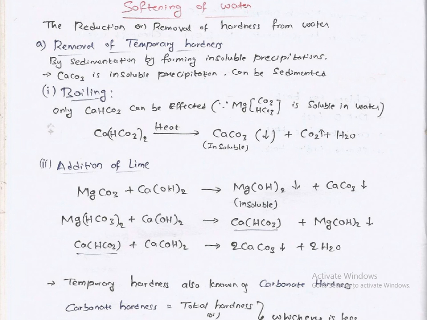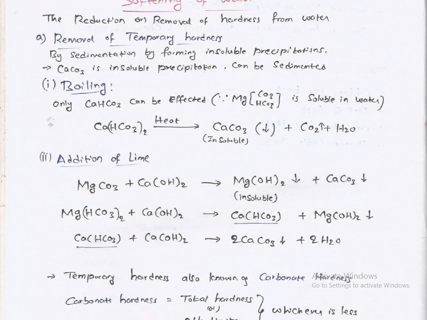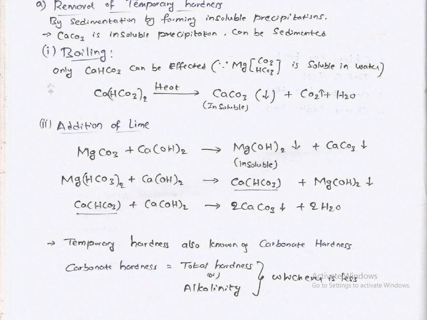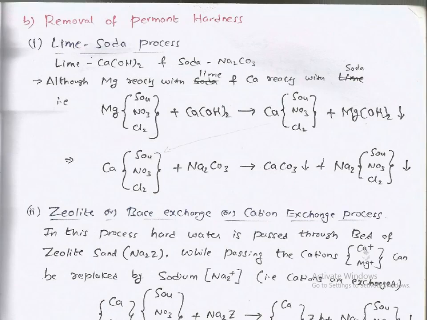Removal of permanent hardness by the lime soda process. Lime Ca(OH)2 plus soda Na2CO3. Magnesium reacts with lime and calcium reacts with soda. Magnesium sulfate, nitrate or chloride plus Ca(OH)2 gives calcium sulfate, nitrate or chloride plus magnesium hydroxide precipitate.